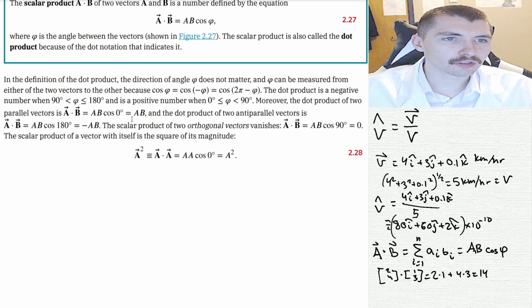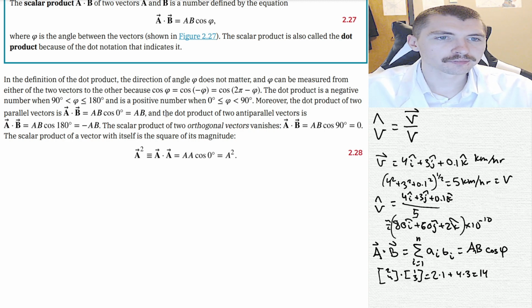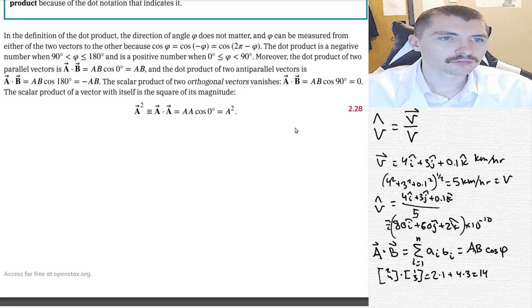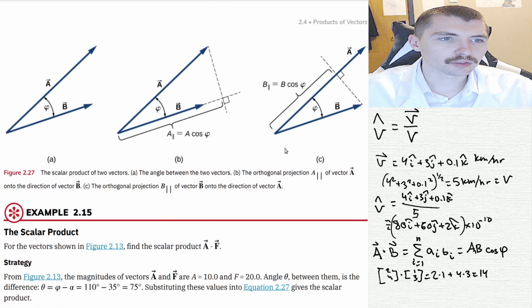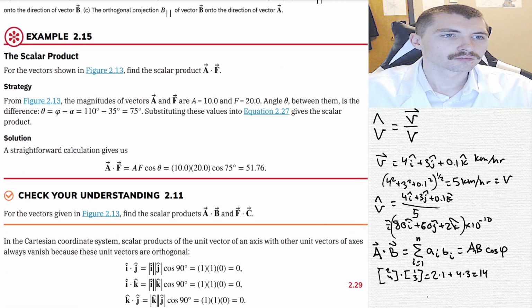Two parallel vectors is cosine 0. Vector squared is A times A, A squared. Okay.